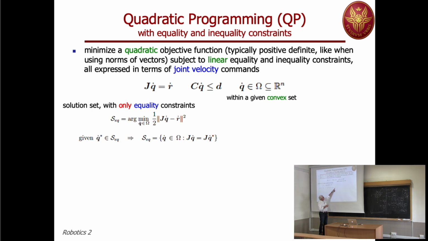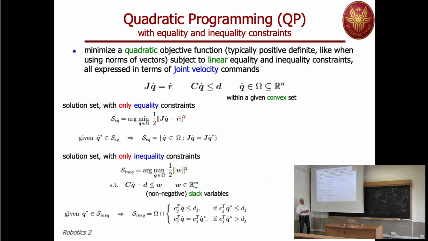But if Q dot solves this problem at best, so minimize this, but is not able to bring this to zero, so no other Q dot will be able to bring this to zero, and all the Q dot that we consider are those that behave like Q dot star, so they gave the same error norm. Okay, so this is pretty much clear now that we have investigated the properties of least square minimization, so doing the task at best.